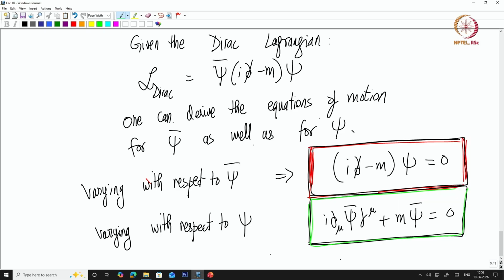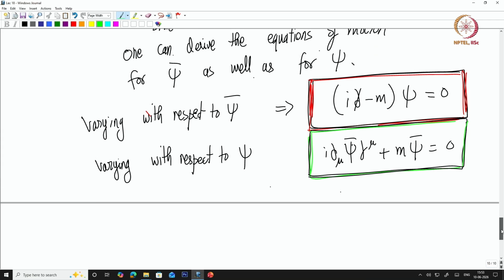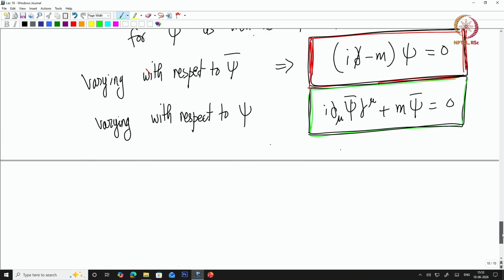Now, it is still first order. Of course, there are some very interesting properties of the Dirac equation which I will just mention.